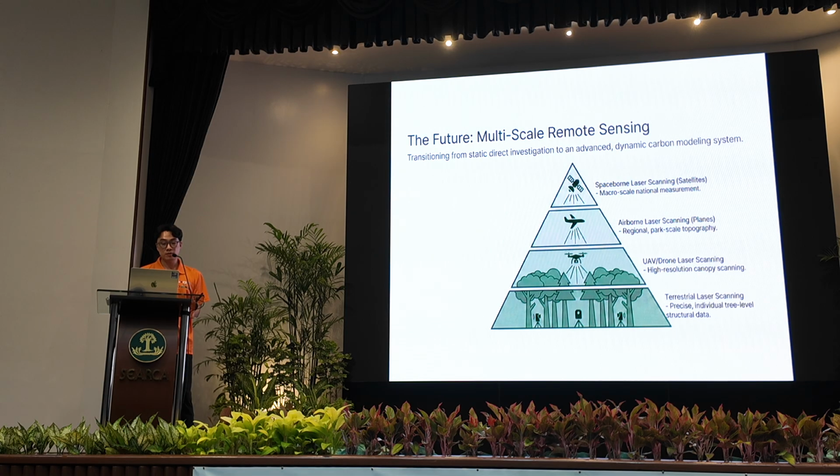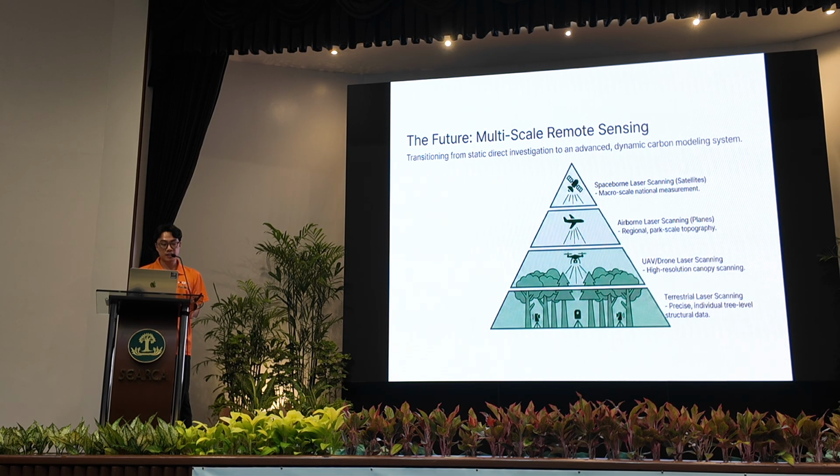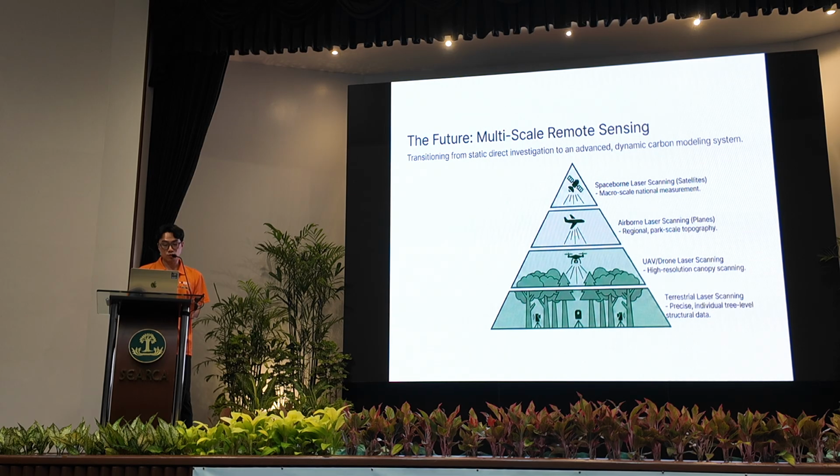Second, airborne laser scanning via planes captures regional park scale topography. Third, UAV or drone laser scanning conducts high resolution canopy scanning. Fourth, terrestrial laser scanning gathers individual tree level structural data.